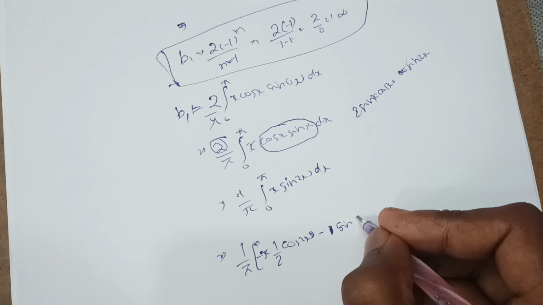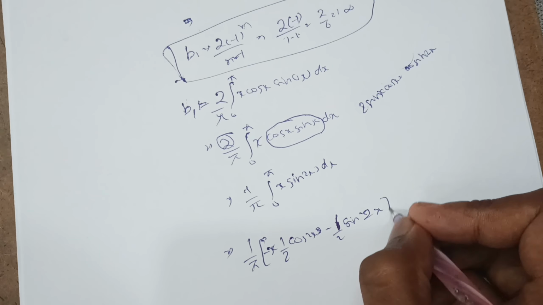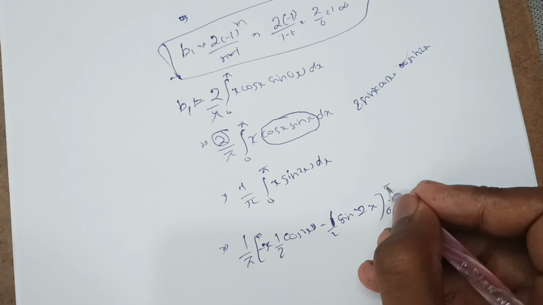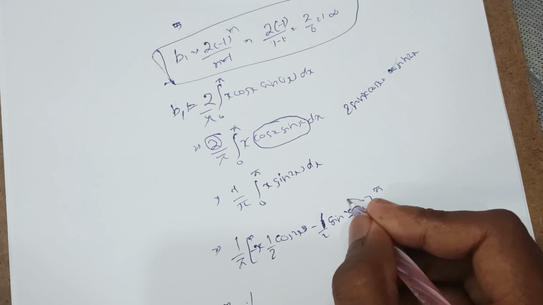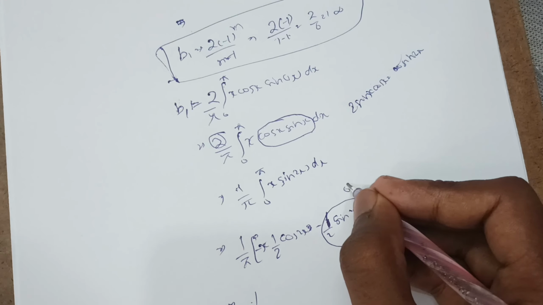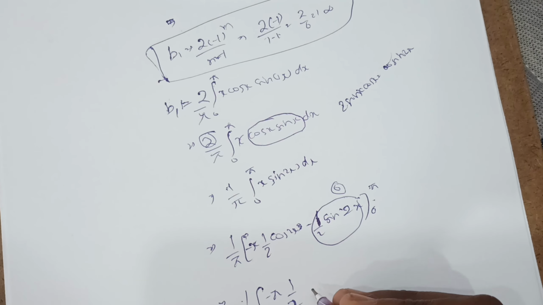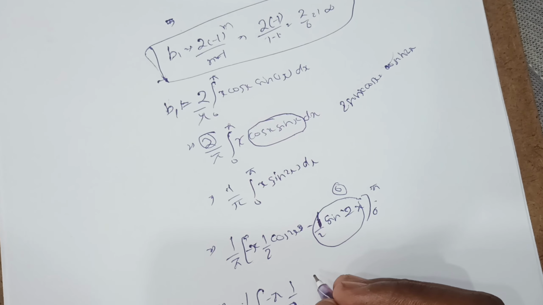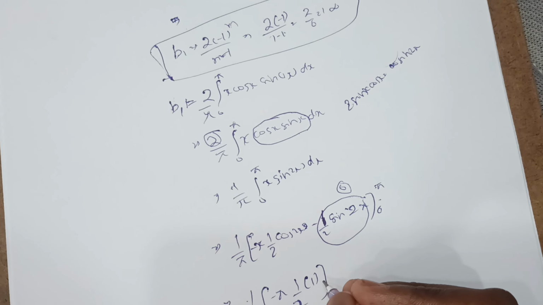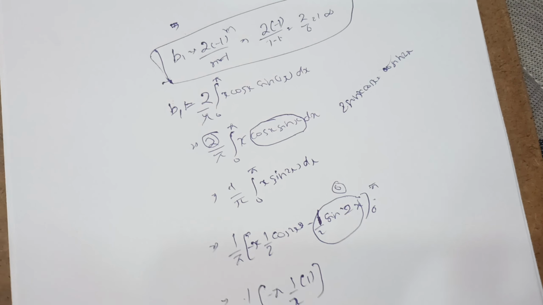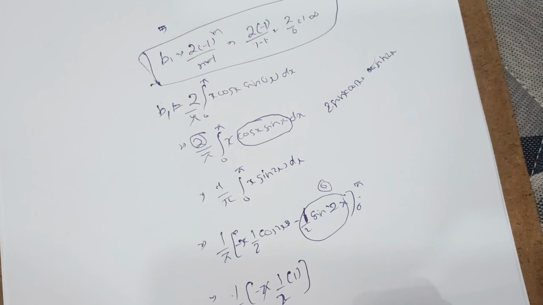So here sin 1 by 2 sin 2x in the interval 0 to pi. So here 1 by pi into this total term will be 0 because sin 2 pi value is 0. So here minus pi 1 by 2 cos 2 pi. Cos 2 pi value is what here? 1. So here cos 2 pi value is 1. Pi pi will be cancelled. Answer will be minus 1 by 2.